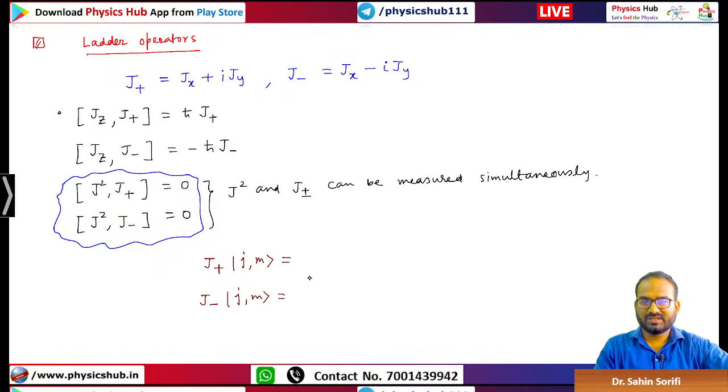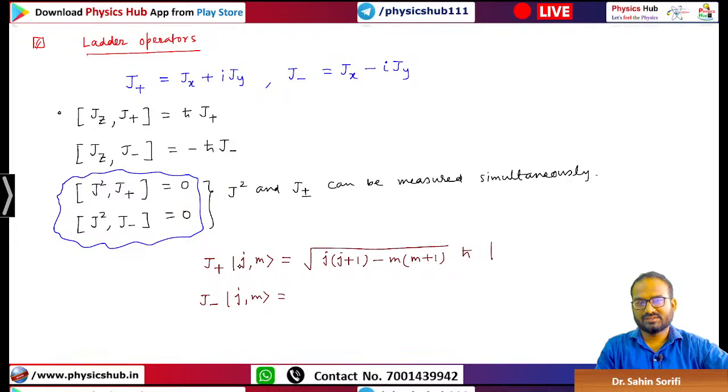Some scaling factor times, let me write it for you, square root of J into J plus 1 minus m into m plus 1, times h cut outside.